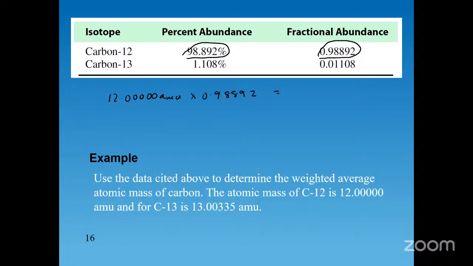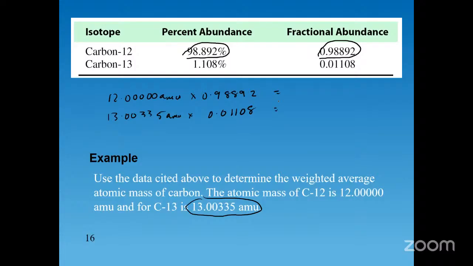And I'll do a similar setup for the carbon-13 isotope. So this is the mass of the carbon-13 isotope, which is 13.00335 AMU times 0.01108. All right, so let's see what that gives.